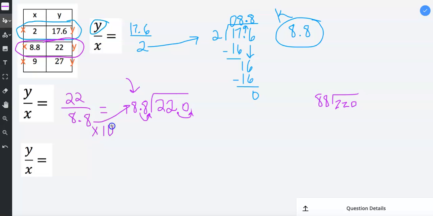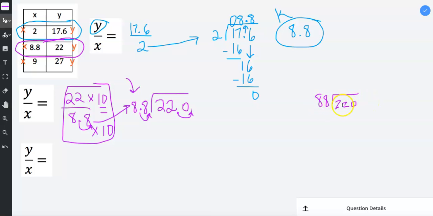If you multiply by 10, that moves the decimal one time over. So if you multiply the denominator by 10, you have to multiply the numerator by 10 to keep this fraction equivalent. So we created an equivalent fraction. So 220 over 88 is the same as 22 over 8.8. That's why we can divide it like this.